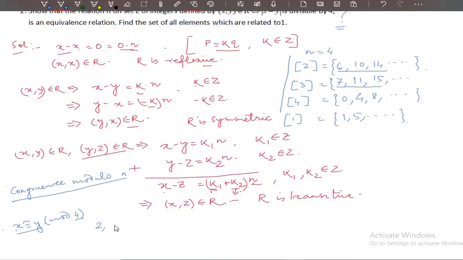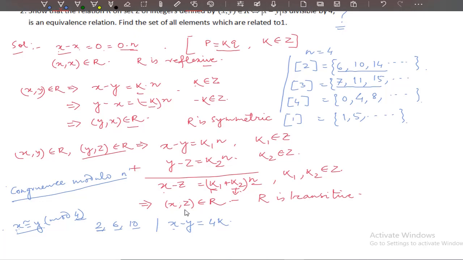Just take an example: 2, 6, 10. When you divide by 4, each leaves a remainder of 2. Now how are x and y related? x minus y is of the form 4k. x minus y is divisible by 4. So this is congruence. Okay.